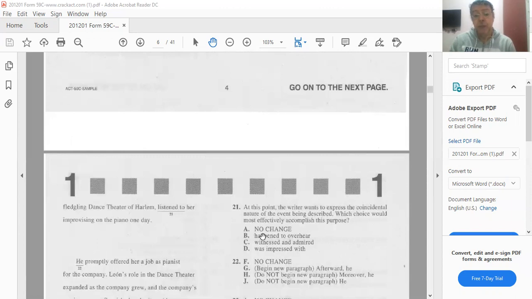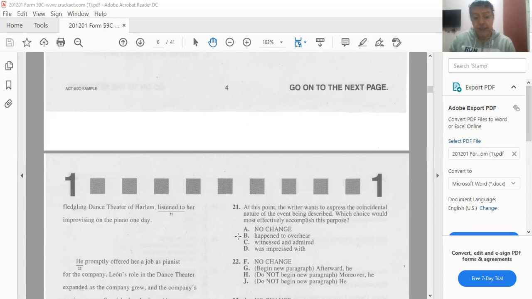Which choice would most effectively accomplish this purpose? No change. "Listened to" doesn't reflect that it was coincidental. Happened to overhear, yes, happened to overhear. So Arthur happened to overhear her improvising on the piano. That reflects the coincidental nature of this event.